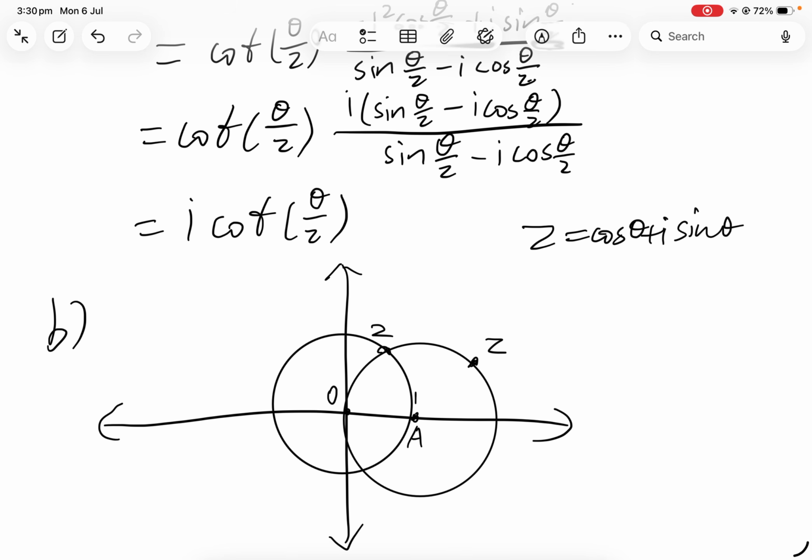And then we have to do 1 minus Z. 1 is a real part of a complex number. So if you subtract that from the Z, that just means Z must be over here somewhere. Let's ignore the first unit circle first, because that's not quite important, as this is more important.